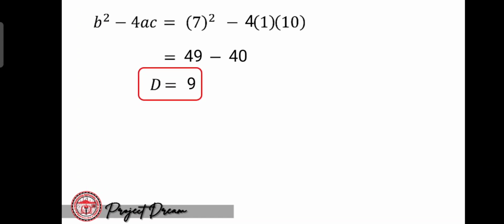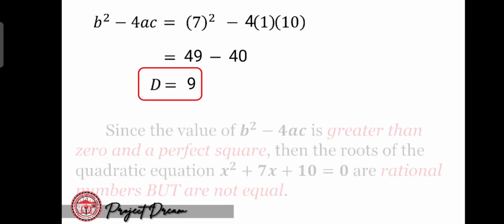So what can you say about the value of the discriminant? As you can see, 9 is greater than 0 and also a perfect square.